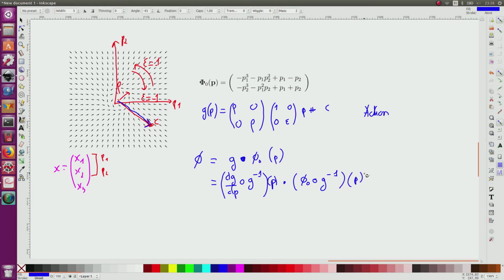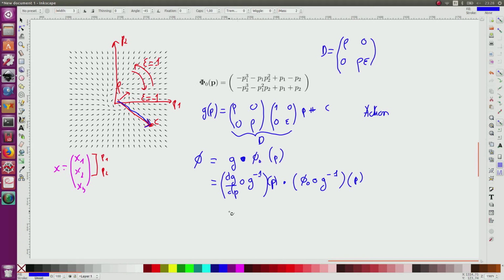So in my context, if I isolate P, I will obtain that these two matrices are easily invertible. If I call this matrix D, I can write that D equals rho 0, 0, rho epsilon, easy to multiply.